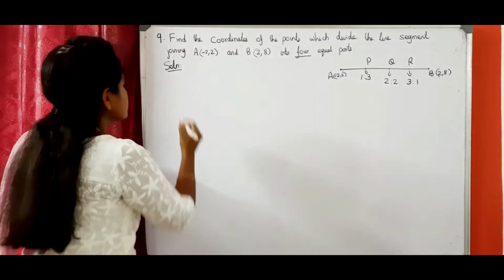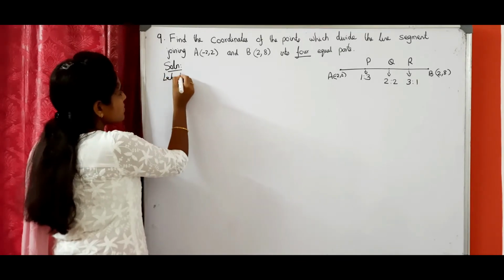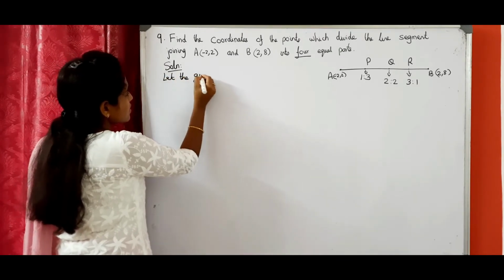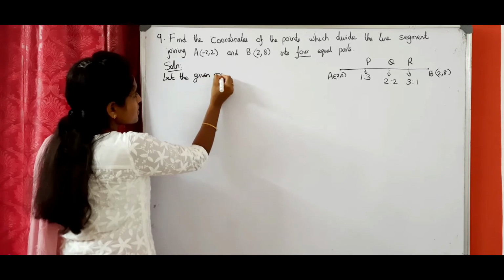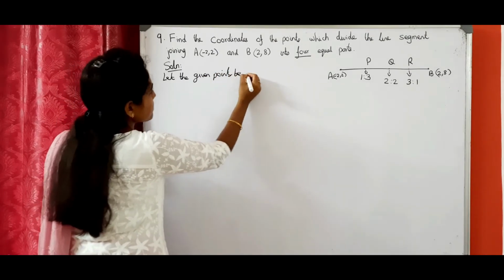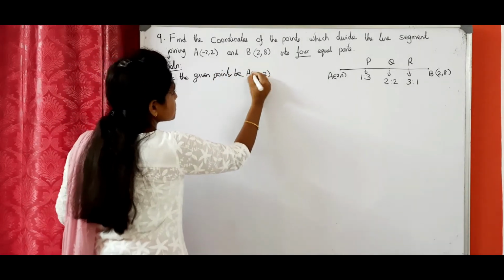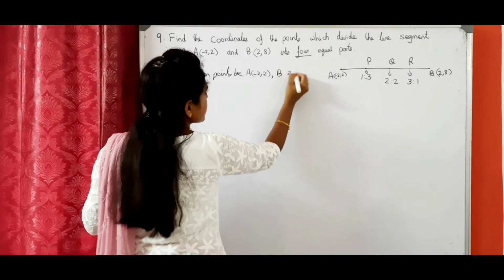Easily we can find. So first write, let the given points be A(-2, 2) and B(2, 8).